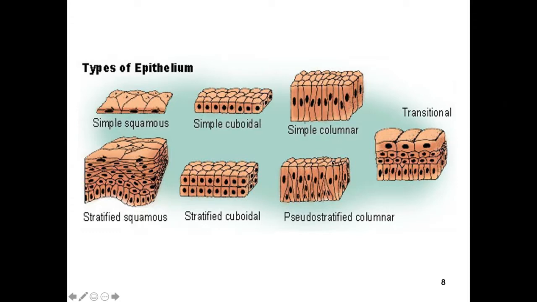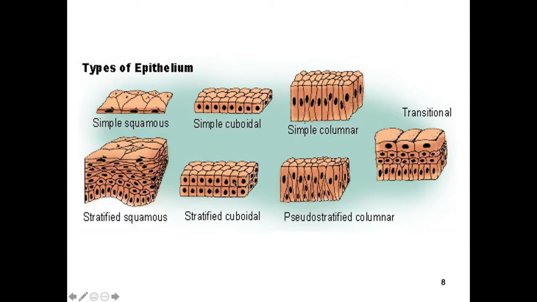Now look below that. If you look at the nuclei here, it looks like there are multiple levels, but it's really not multiple levels. Because it looks like it's multiple, but it's really not, we use the word pseudo, which means false. So we call this pseudostratified.